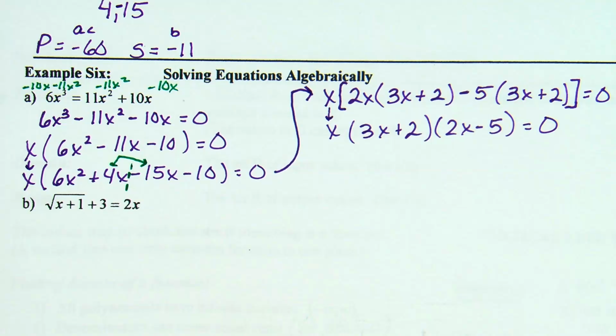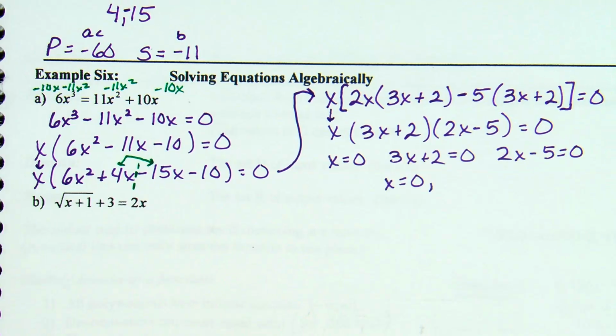So, do you see your solutions there? X equals 0. If it's 3x plus 2, what's that one going to give me? Yep. Subtract the 2, negative 2, divide by 3, so negative 2/3. What about 2x minus 5?